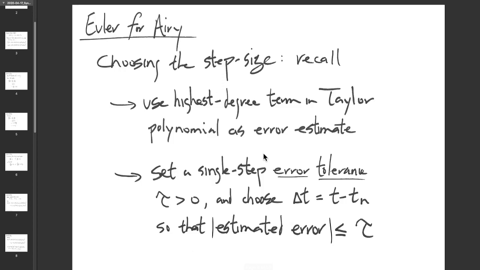And then you take advantage of that by setting a single step error tolerance, which we're calling tau, and then we choose our time step, which is just that increment between the next time t and the current time tn, so that the estimated error in absolute value is less than that error tolerance.